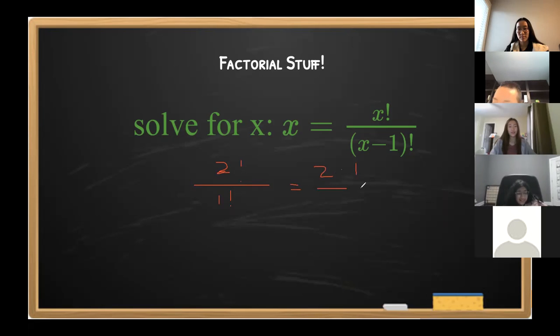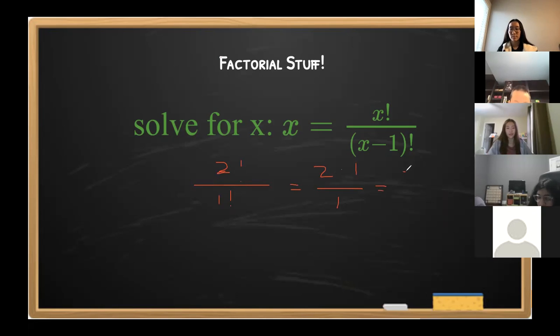So what is 2 factorial? 2 times 1, which is 2. What's 1 factorial? 1. What's 2 factorial divided by 1 factorial then? 2. Our equation said that x is equal to that, so 2 is indeed equal to 2. Yay, I did it.